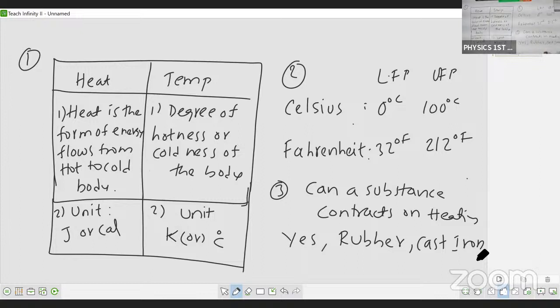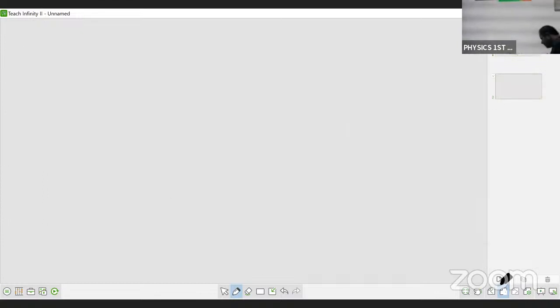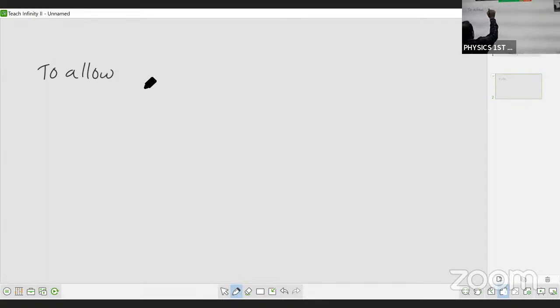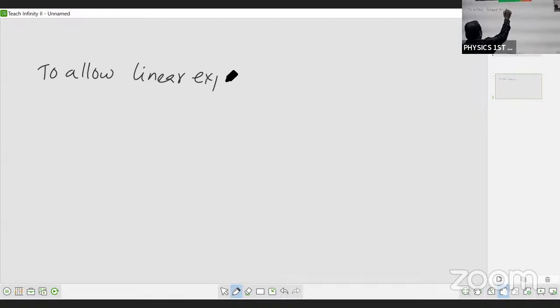Why are gaps left between rails on a railway track? In between the railway track, there are gaps. What is the reason for that? To allow linear expansion in summer.